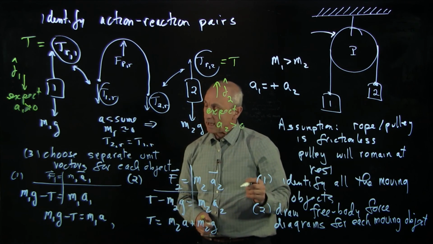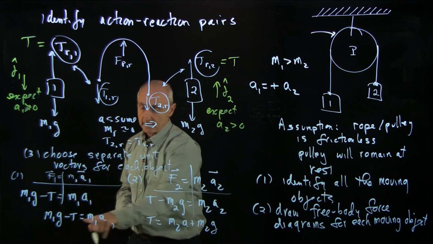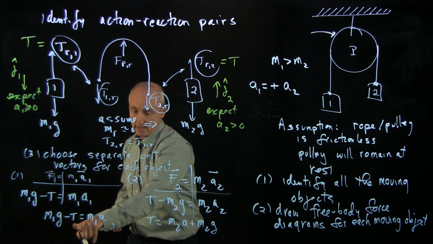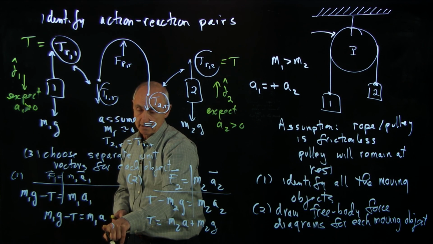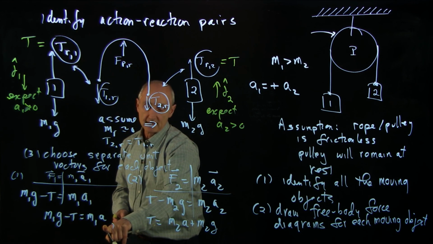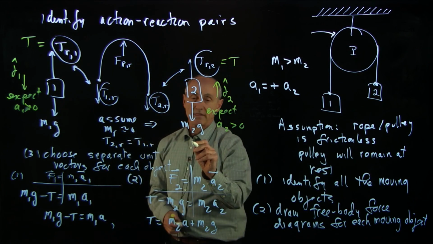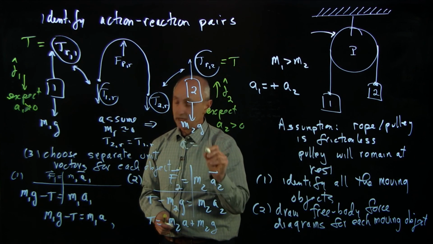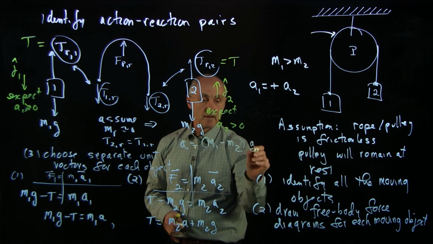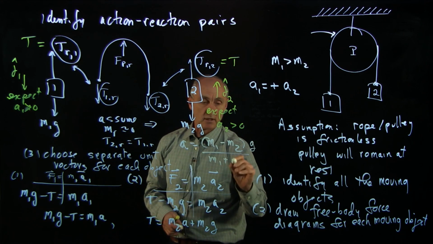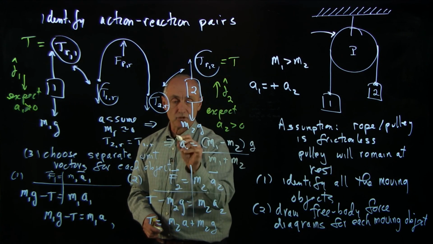If I put in m2a plus m2g for T, and bring the m2a to the other side, then it's a little bit of algebra, but I think you'll trust me that a is m1 minus m2 times g over m1 plus m2.